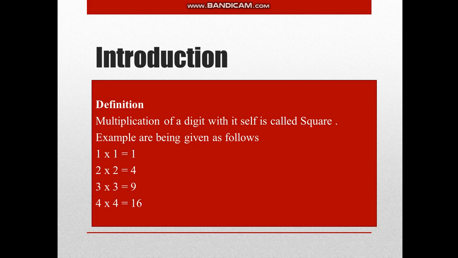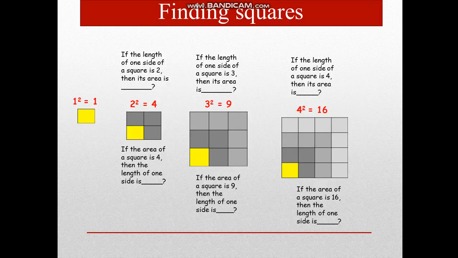There are 3 to 4 steps for learning square and finding squares. Here we are finding squares. First I am asking you about the 4 steps, that how will you find the square. The first step is that when you square a number, you have to simply multiply a number by itself.